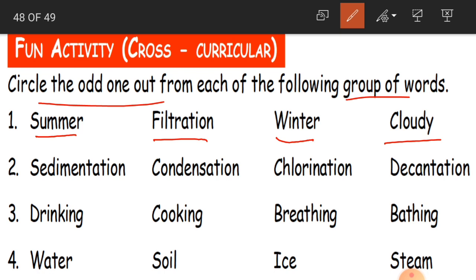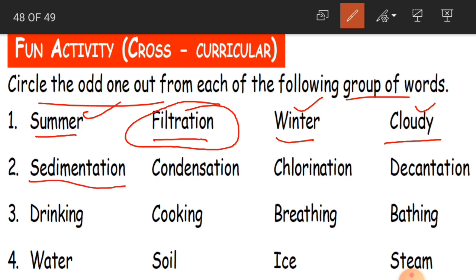Summer, winter and cloudy, these 3 are related to the weather. Filtration is related to the water purification process. So that is why filtration is the odd one. Clear, children? Now we will go with the second one. Sedimentation, condensation, chlorination and decantation.